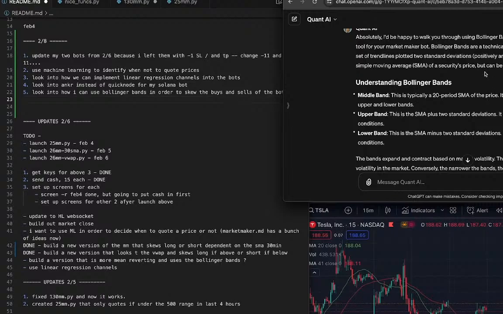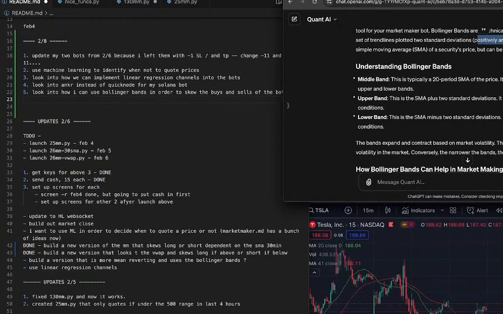Bollinger are an analysis tool done by a set lines two deviations positively and negatively away from moving average price, but can be adjusted to a user's preference.